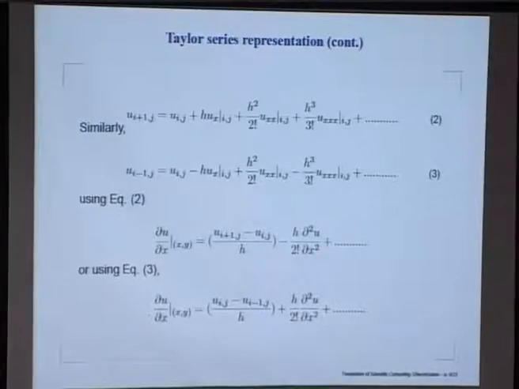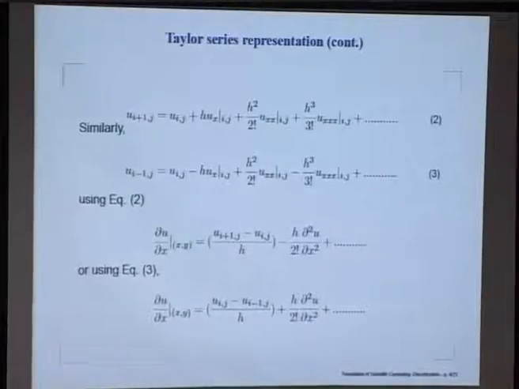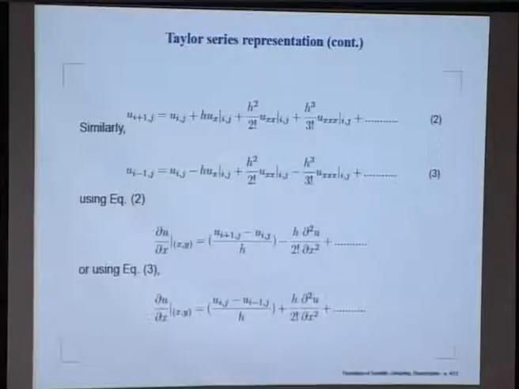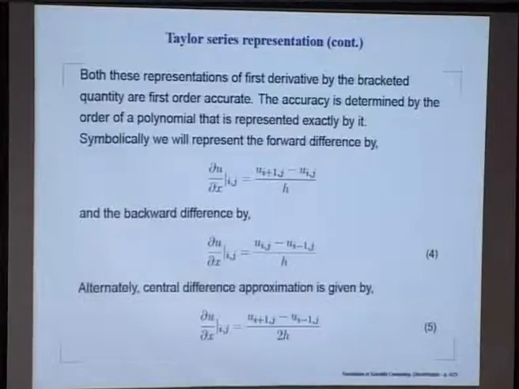In the same way, if we had used equation 3 to obtain u of x, we would have transported this term to the left and this to the right, and I would have gotten del u del x as u(i, j) minus u(i-1, j), divided by h. Once again, the leading truncation error term appears with an exponent of 1 for h. And so these two representations that we have written are called first order accurate methods.